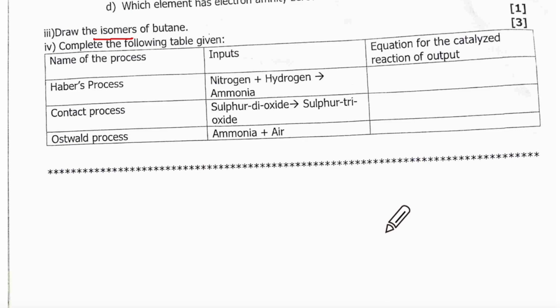So butane and isobutane, it is mandatory you will have to write isobutane. But isobutane also has another name, which is the unique name for it. So it's better to write that.